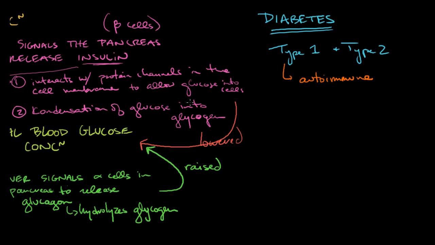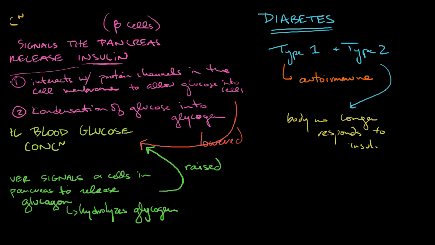But type 2 is not autoimmune, but instead, when the body no longer responds to insulin.